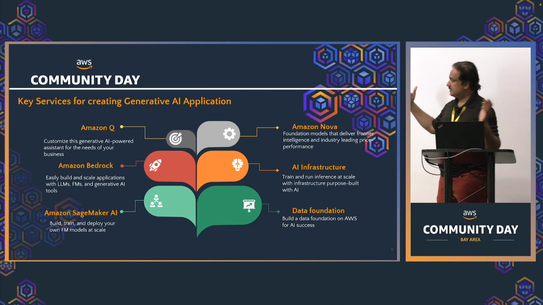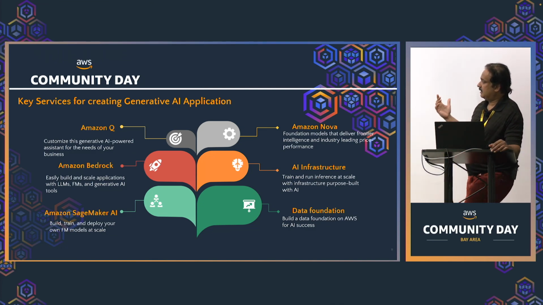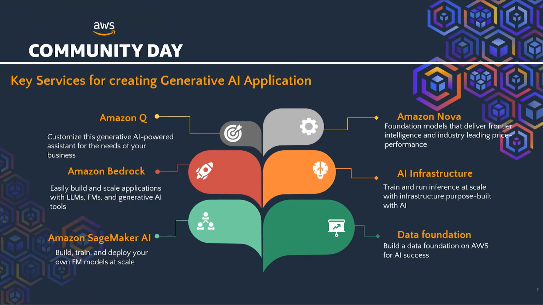And of course, all of this has to run on AI infrastructure, EC2 instances and other services, IAM and other services. Of course, everything is based on data, and we'll take a look at some of the data services also and how you protect the data that you use to train the model, and also the live data that you have after you go to production with those apps.